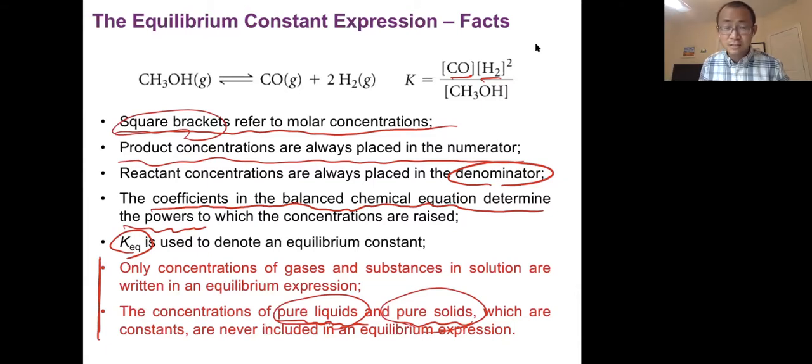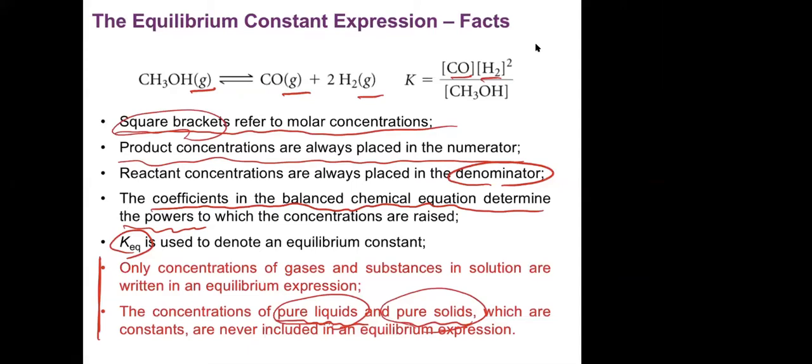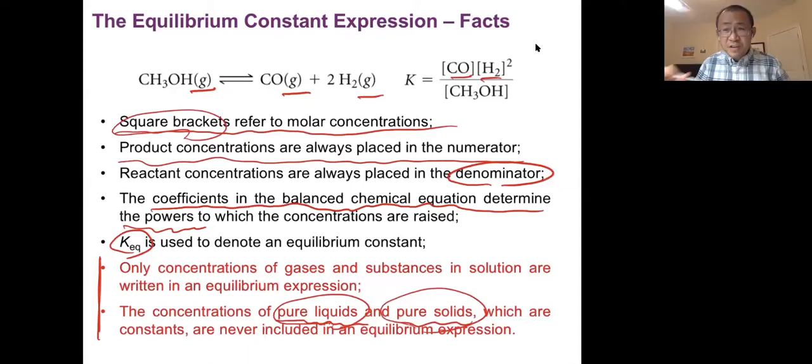I will test you guys. How would you tell if it is a pure liquid or solid? Very easy. Take a look. What does the letter in the parentheses mean? We talked about it earlier. G means gas. This is the physical state of the reactants or products. If it is solid, you will see an S over there. If it's liquid, you'll see an L over there.